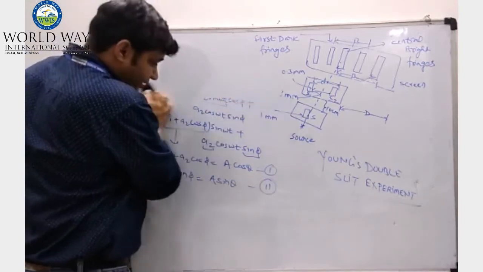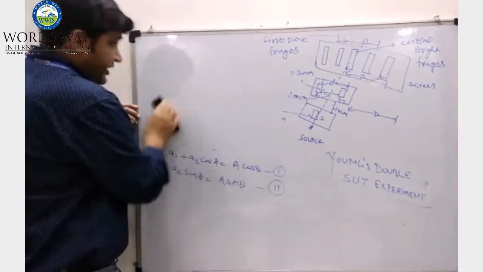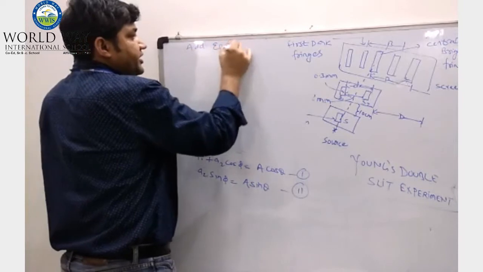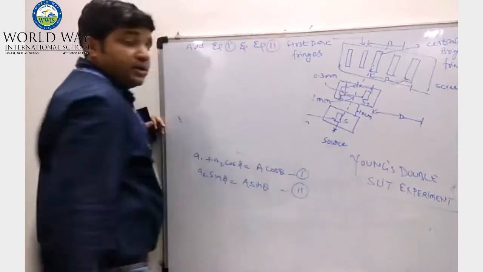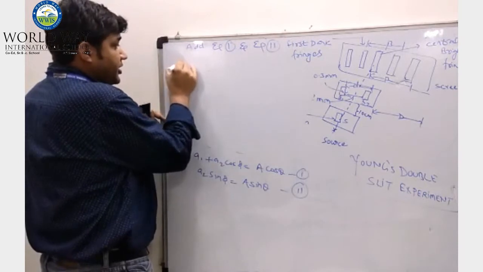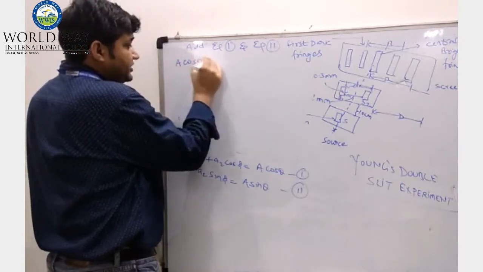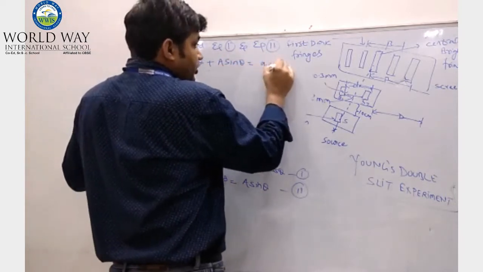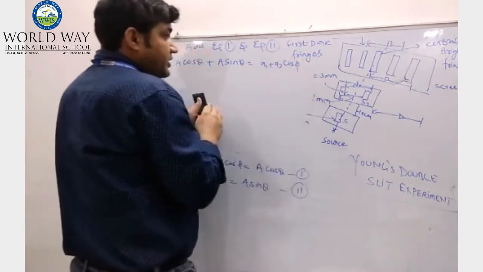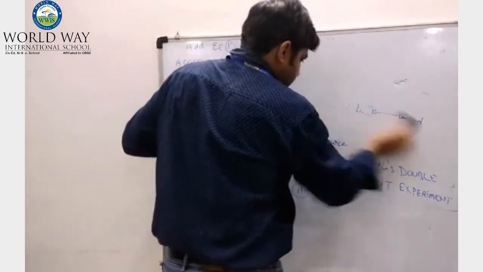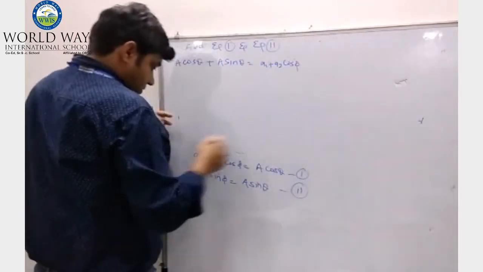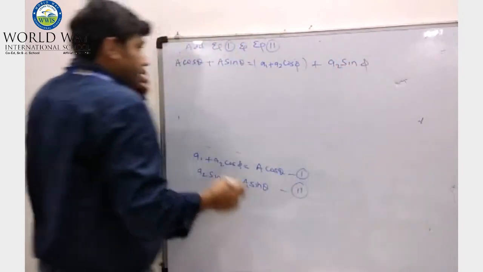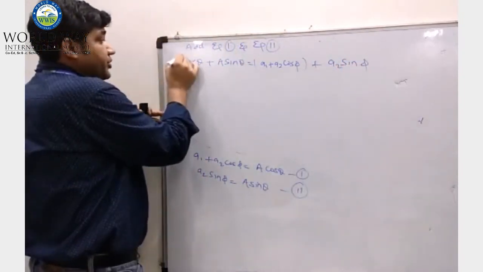After equation 1 and equation 2, we square both equations and add them. So A cos theta plus A sin theta equals a1 plus a2 cos phi and a2 sin phi.